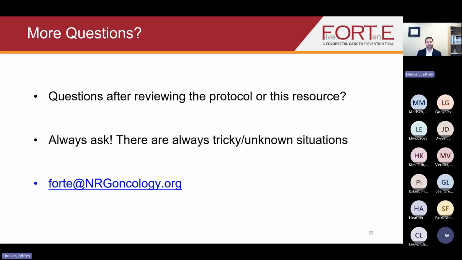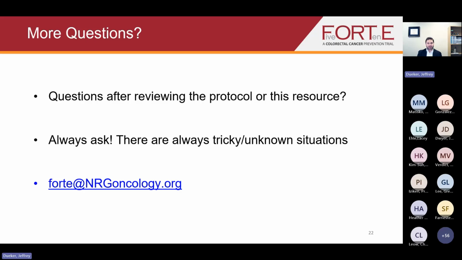Now, the insurance coverage one is very difficult. The problem with calling the insurance, and you guys know this, is if you call the insurance and say, can my patient have something, their first answer is going to be no. And that's just the reality that we live in. Practically, I've been a practicing gastroenterologist for a while now.